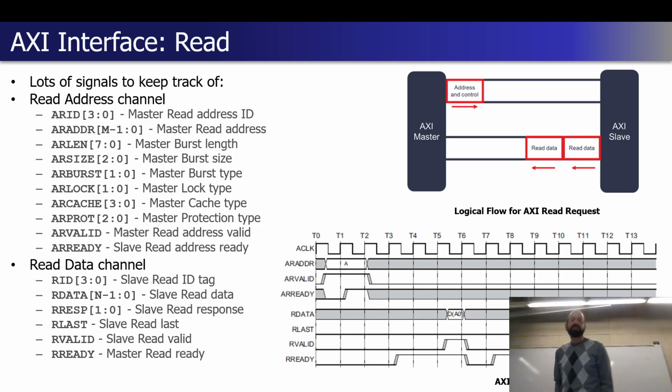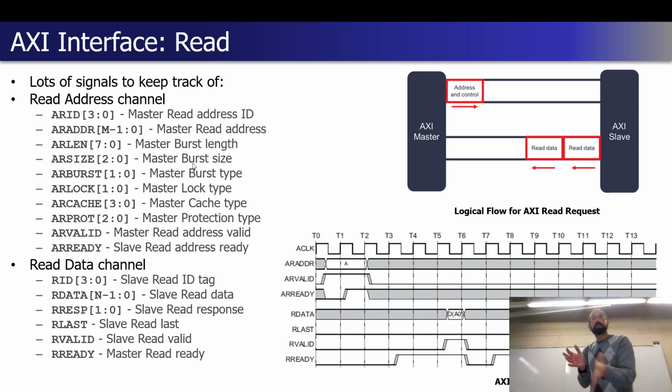But at the very least, you have to be aware of address, length, size, and burst. Things like whether you're locking an interface or there's some caching or other information going on here, you can probably keep at some sane defaults, but you're going to provide an address, a burst length, and the size of that burst.